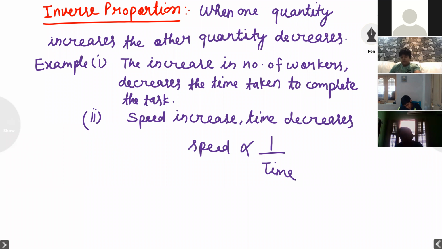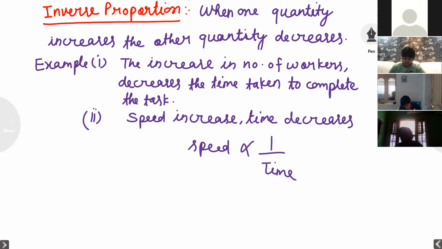In direct proportion, what have we learned? Direct proportional. But in the case of inverse proportion, we use inversely proportional. Speed is inversely proportional to time. It means if I increase the time, the speed will decrease. If I increase the speed, then the time will decrease.